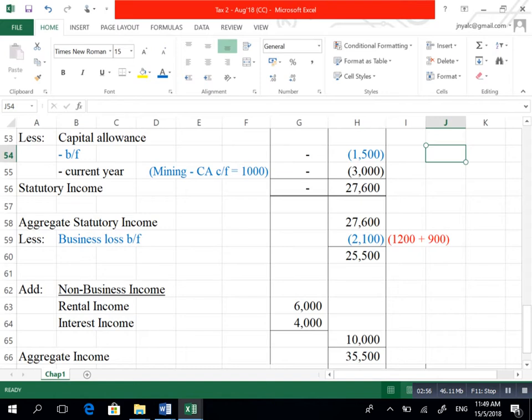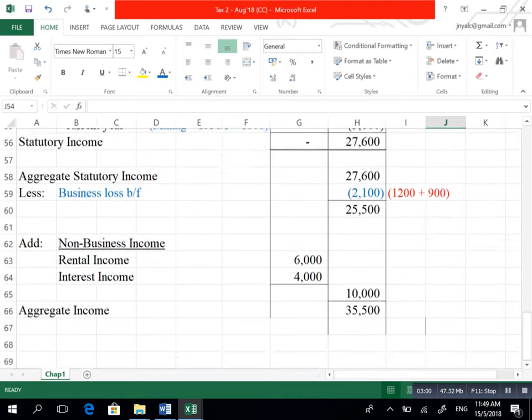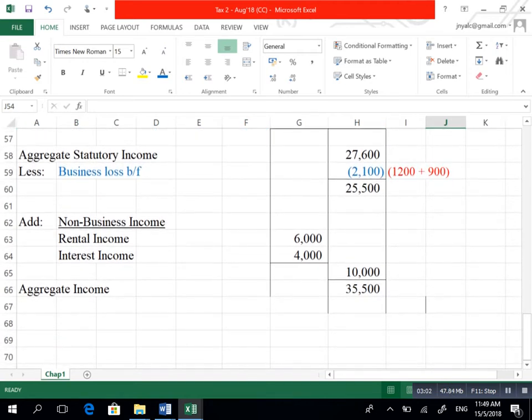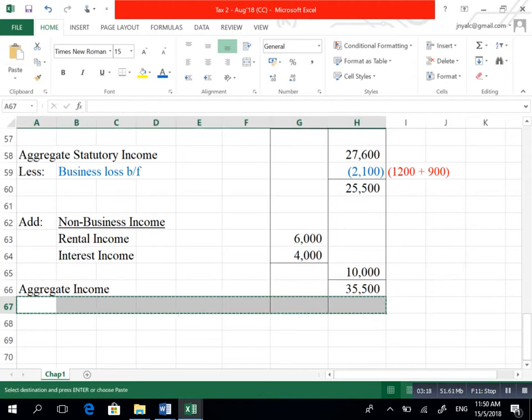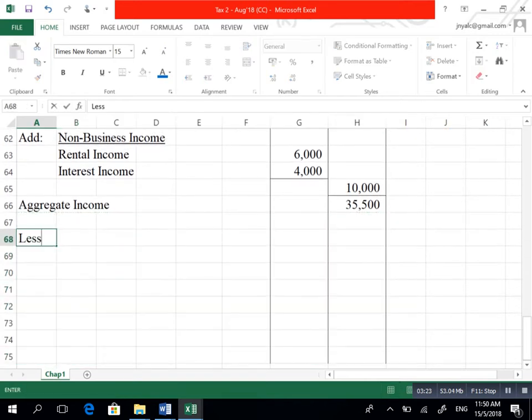I continue. Okay, now class, next part, I would like to do it with you together. Here we're going to deduct for some donation and also the contribution. You have a lot of deduction in here.